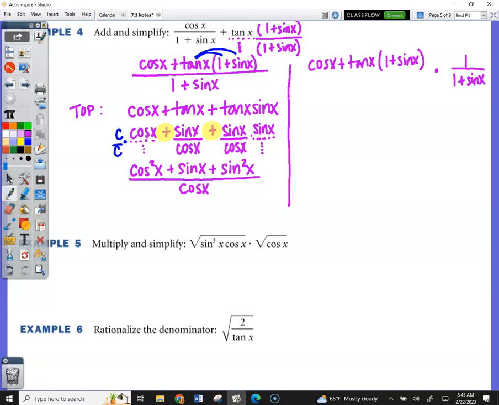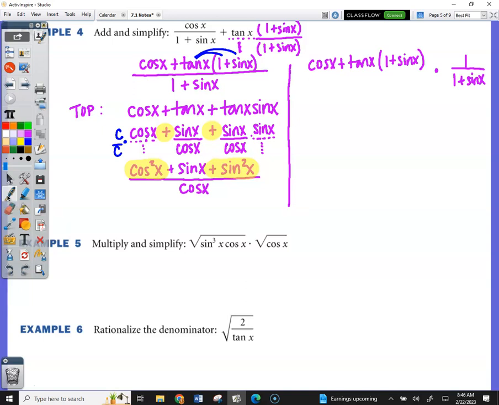Now, what do you see? You see cosine squared and a sine squared with a positive. Let me highlight it. You see right here, cosine squared plus sine squared. That's 1. So this is where highlighting is helpful, because technically you would regroup that and then call it 1.